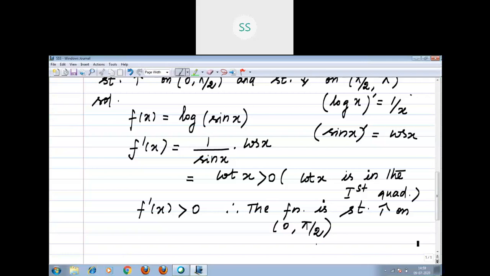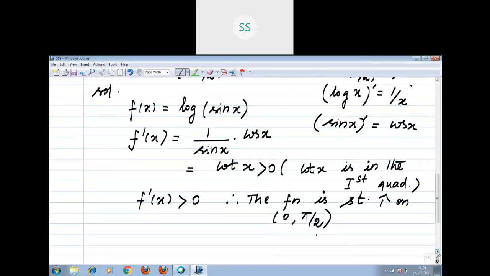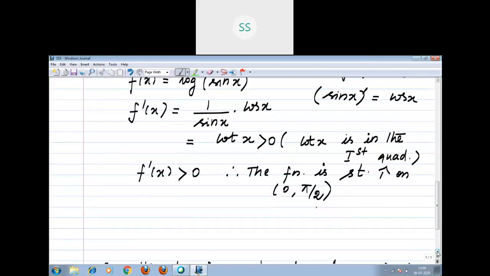Next, what they are asking, pi by 2 to pi, strictly decreasing you want to say. Am I right? Right. f dash of x, you arrived at what it is? Second part. f dash of x equal to cot x. Here the interval is given as pi by 2 to pi.